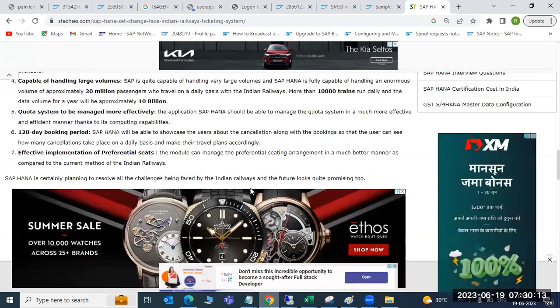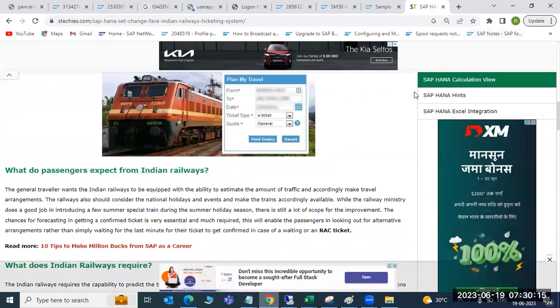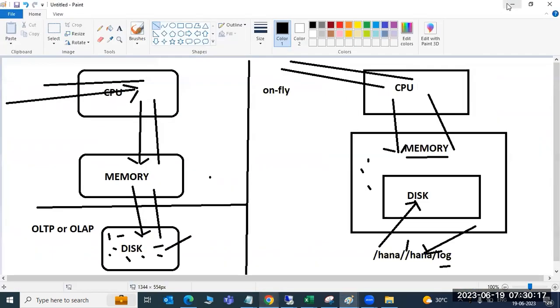Not only the Indian government, many governments. But I'm giving this example here. It helps the business to pull the data, accept the data, perform the transactions and everything. That is the reason all customers are moving to the HANA database, because there are a lot of advantages.